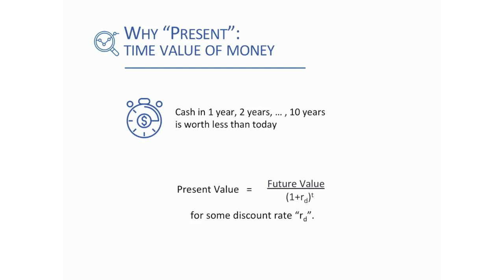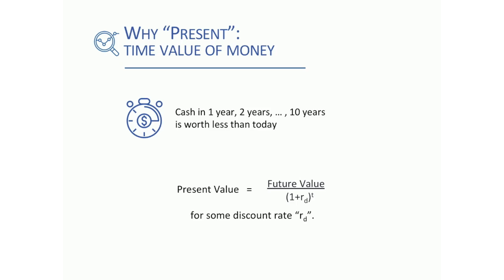The present value of any future amount of cash is given by that amount that happens in 3, 5, 10 years, divided by 1 plus the discount rate, which in my previous example was 10%, raised to the power of t, where t is the time in years that it takes between now and the time at which those cash flows will happen. Okay? So in our previous example, $100 is the present value of what?